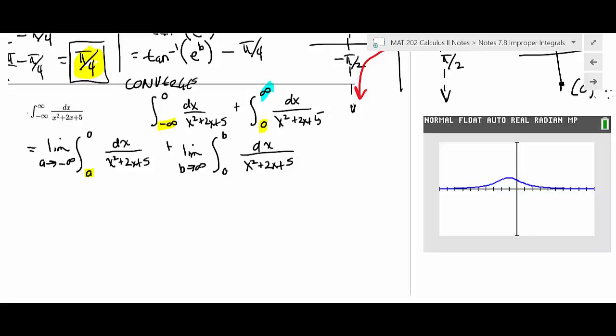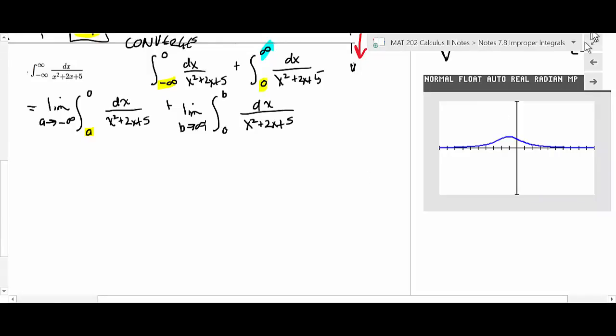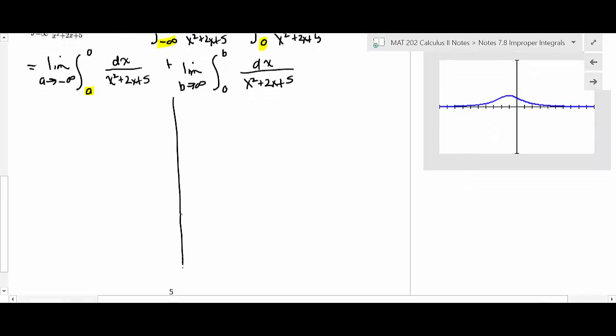All right. So now what we have is two integrals, the same kind of thing we've been working on. So we just need to work on the indefinite integral first of all. Let's do that and think about what kind of integral we have here. So let's look at doing both of these integrals separately.